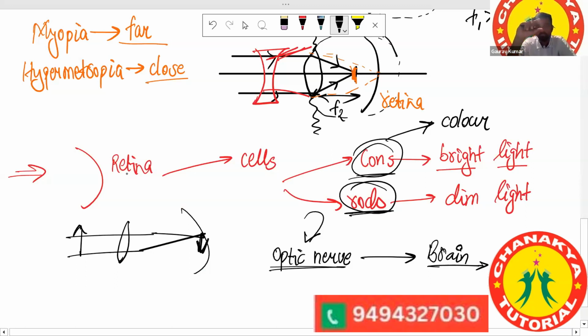An inverted image is formed on the retina, and what the brain does is convert that image into what we are seeing. It reorients it the way it should be.